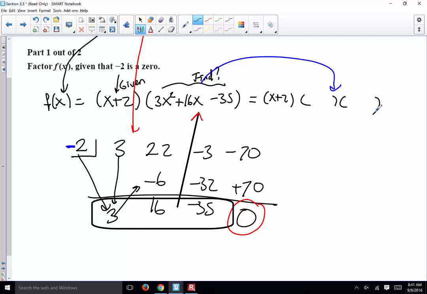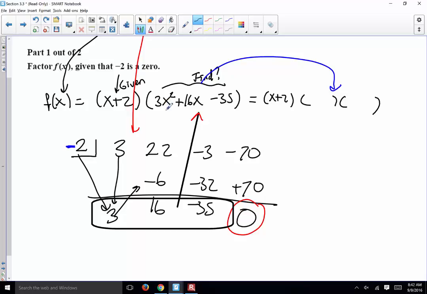How do you break a quadratic function 3x squared plus 16x minus 35 into two pieces? Two factors. First thing you're going to do is trial and error. Try to find out by hand, by logic, what numbers come here. When you FOIL it, it becomes 3x squared.